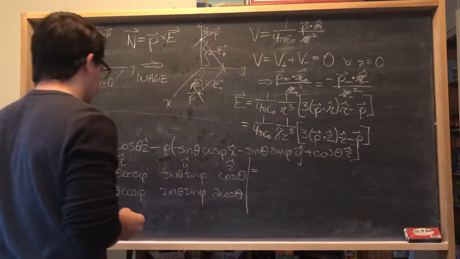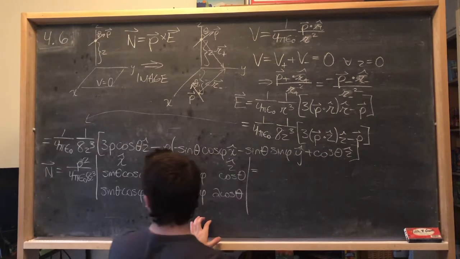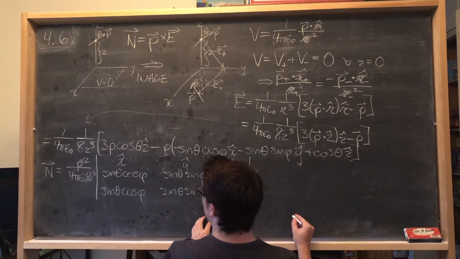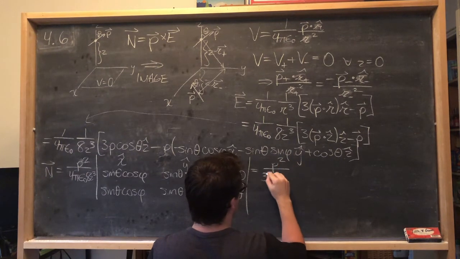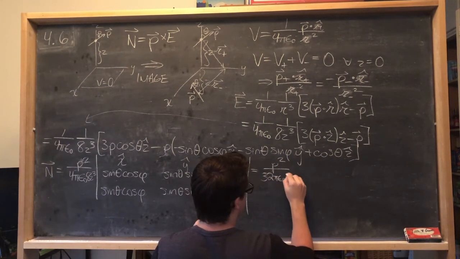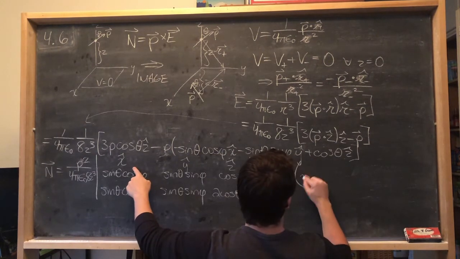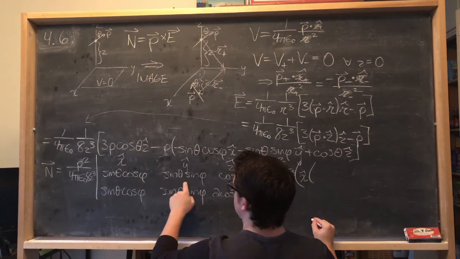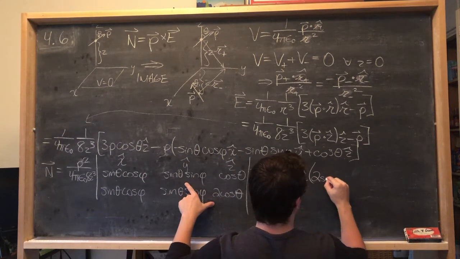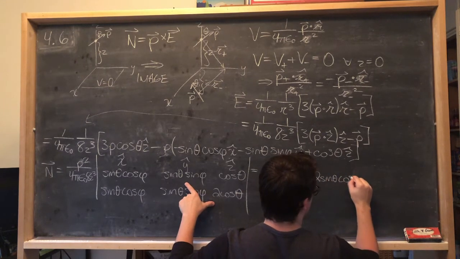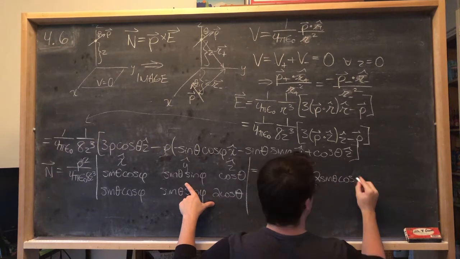So now let's actually do this. So let's see. P squared over 32 pi epsilon naught z cubed. X hat is going to be 2 sine theta cosine theta... whoops.